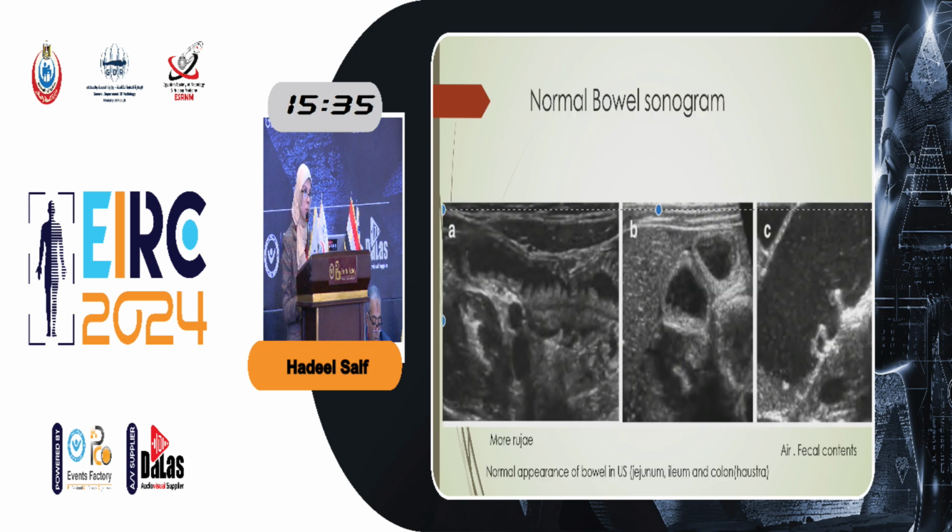Also, the normal appearance differs between the types of bowel that you are examining. I suggest that you have a scheme for examining the bowel, starting with the right iliac fossa, which is the site of the ileal loops. Ileal loops are characterized by being wide, with the mucosal folds not so thick.